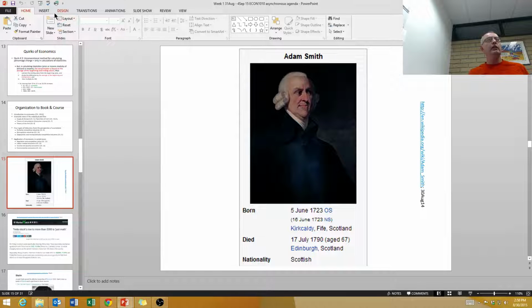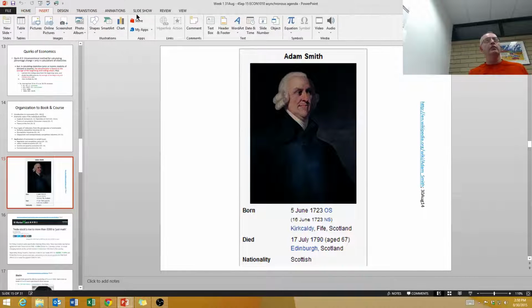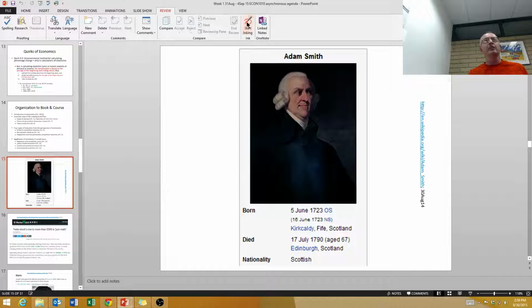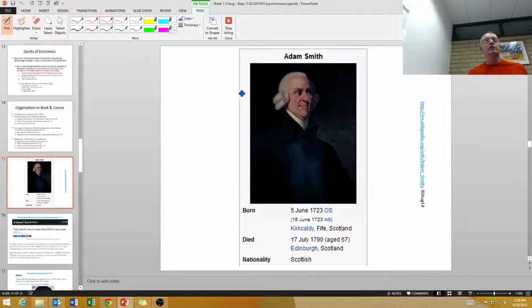And the original Bible, if I can call it that, I hope no one's offended, the original book that founded modern economics is called The Wealth of Nations. It was published by Adam Smith in 1776.